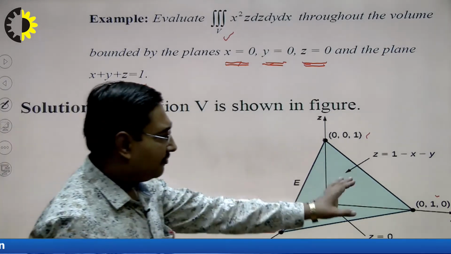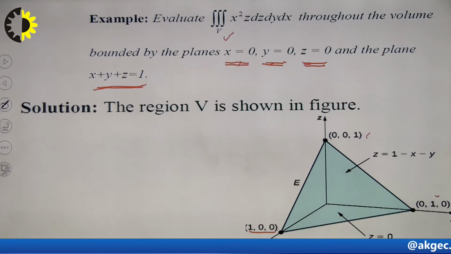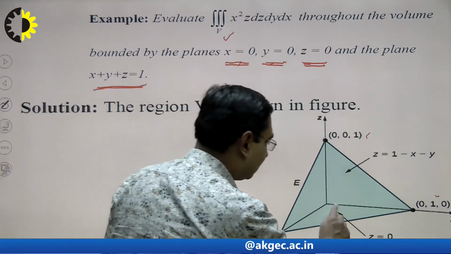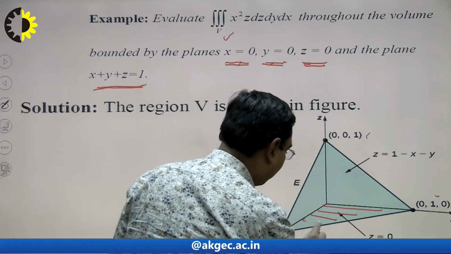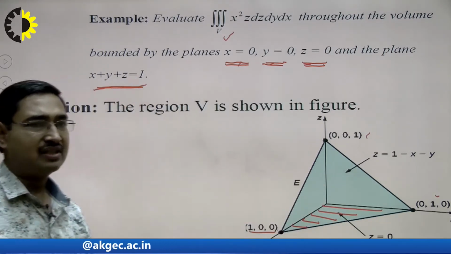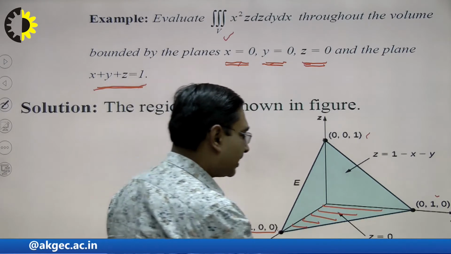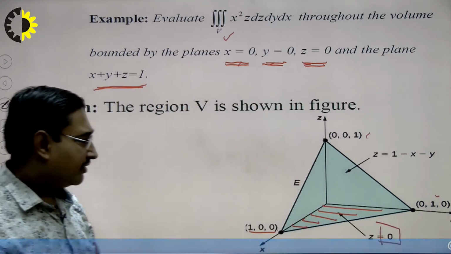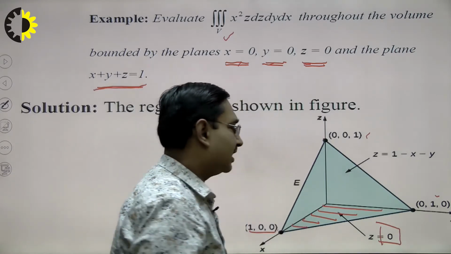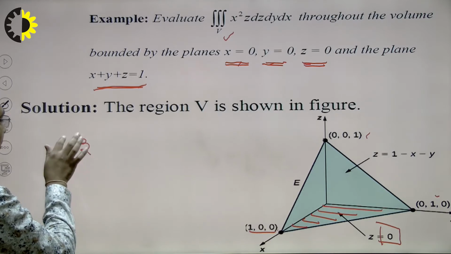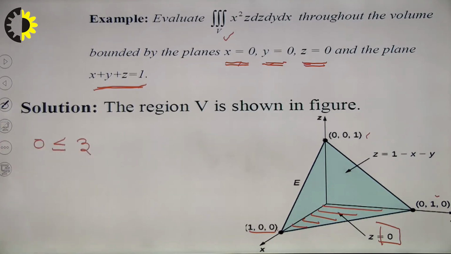Now we will first find the limits of z for this region. We observe that the lower part of the region is bounded by this surface, which is part of the xy plane. The equation of the xy plane is z equal to 0. So the z value from the surface covering the region from the bottom is 0, so the lower limit of z will be 0.